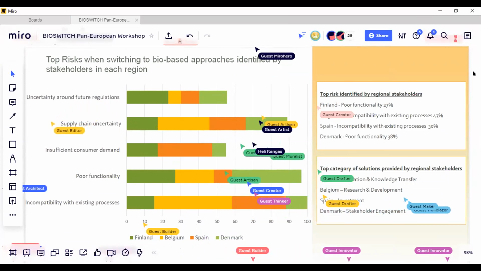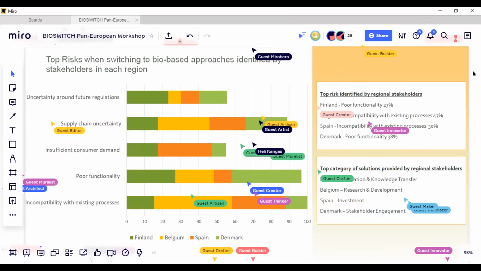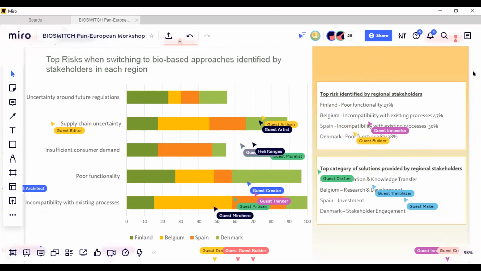So there were some variations between the regional survey results and the workshop results, with brand owners citing insufficient consumer demand ranking much higher in the regional survey compared to the workshop results, especially for Spain. And Finnish brand owners indicated the risk being uncertainty over future regulations.